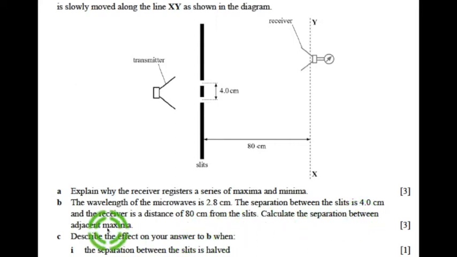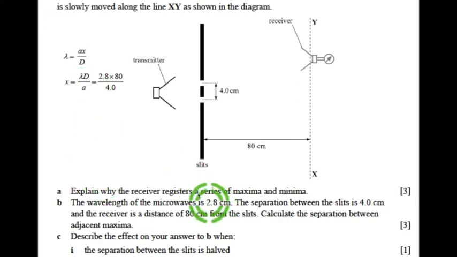Calculate the separation between adjacent maxima. Okay, so a is the slit separation. So here we've got lambda equals ax over d, and we just want to calculate x because we want to calculate the separation between adjacent maxima. That is x. So x equals lambda d over a. And then we're just going to plug in the numbers there.